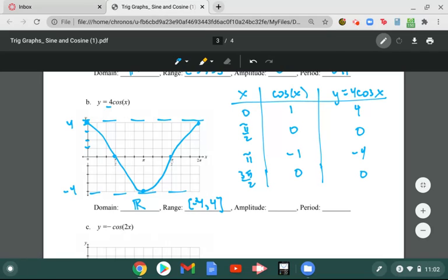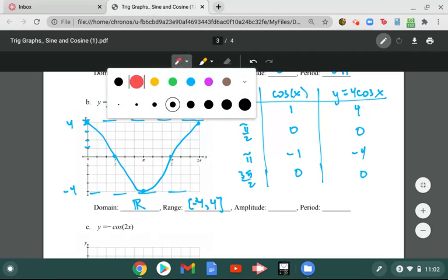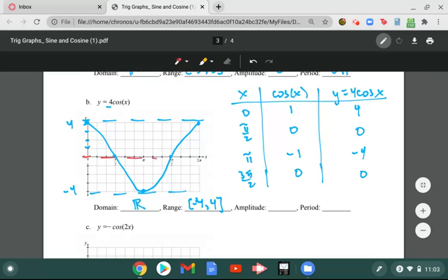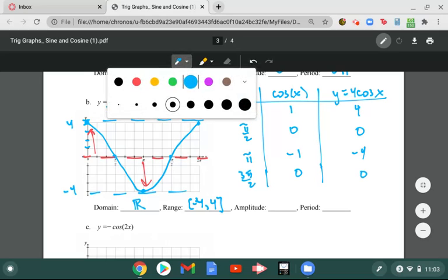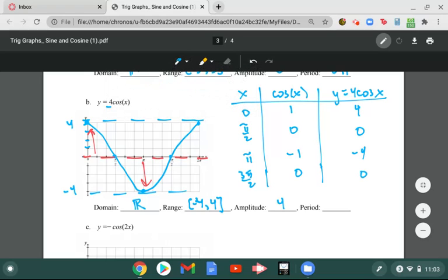Amplitude, remember this is related to the range. So my midline still is at the x-axis. And as I'm measuring the height of those peaks or valleys, this guy has an amplitude of 4. And the period, I haven't changed that at all, so it's still 2 pi.